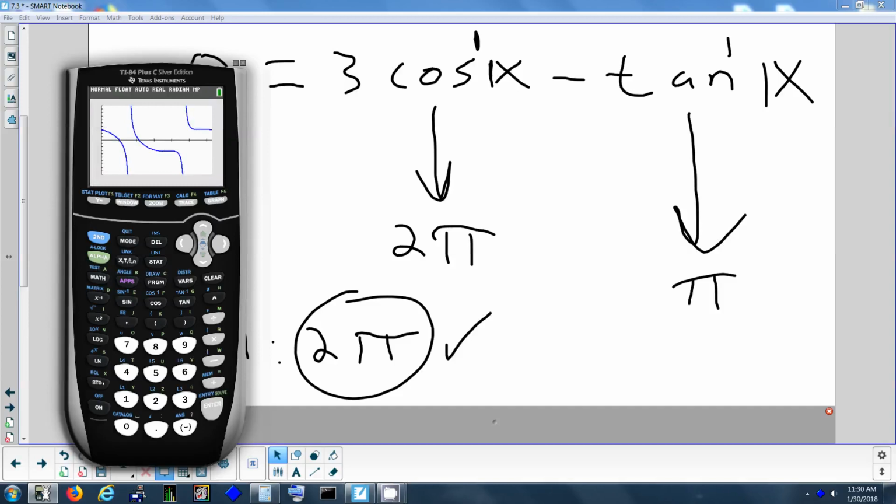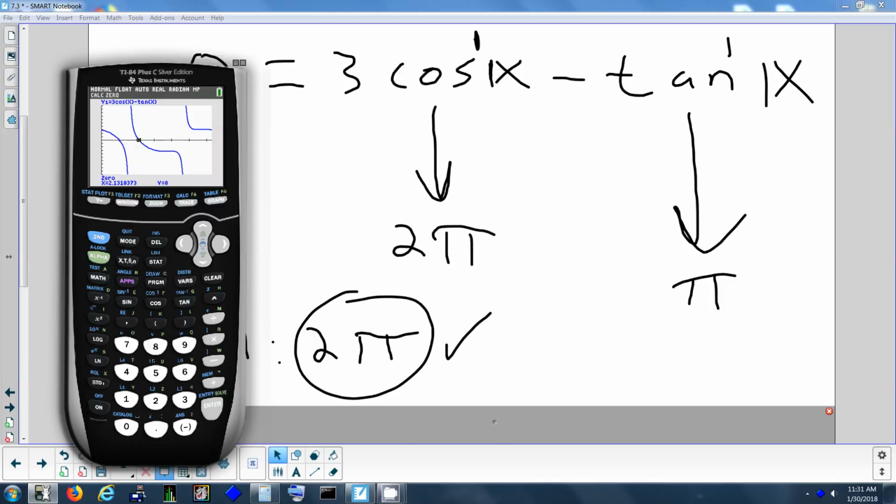Yep. So we get 2 solutions. Second, calc. Which option do I use? 0. So, point to the left, point to the right, hit enter.